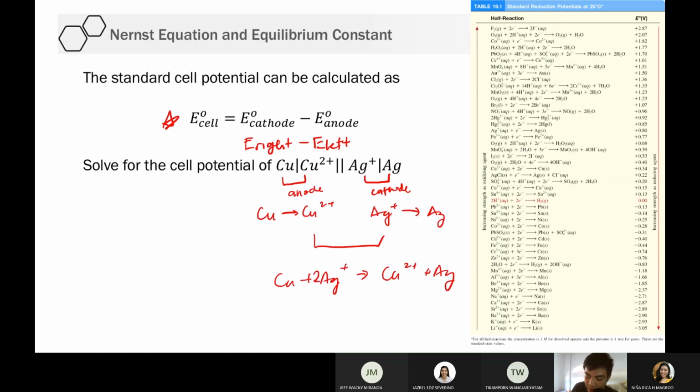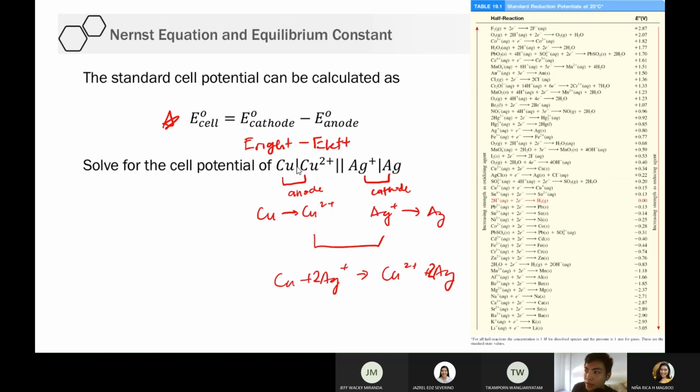Balancing this will give us a coefficient of 2 for silver and silver ion. Again, I hope that this was discussed in the lab, but if not, then you can watch my videos on this. So that is how you interpret cell notations. The reactions on the left are the anode reactions, and on the right you have your cathode reaction.